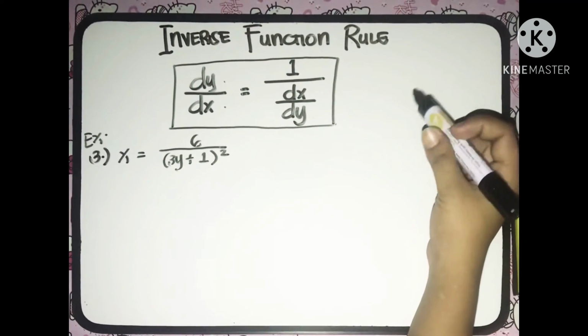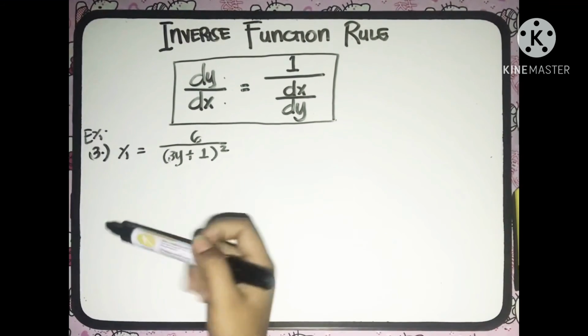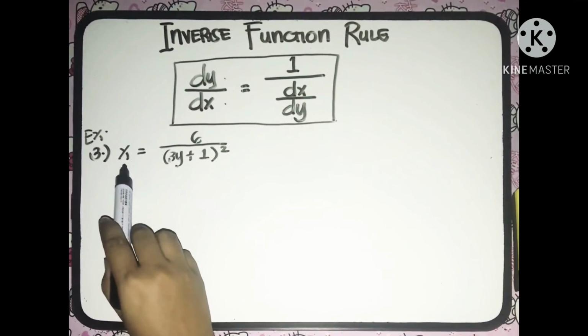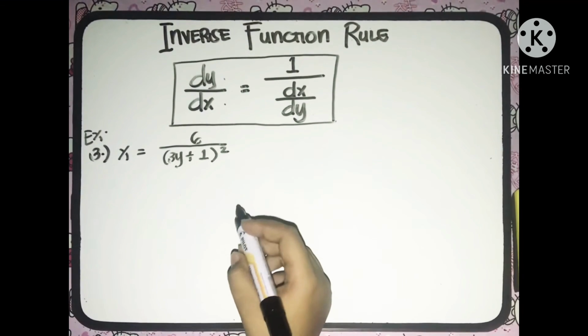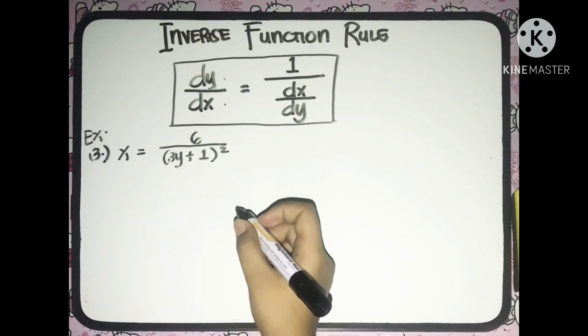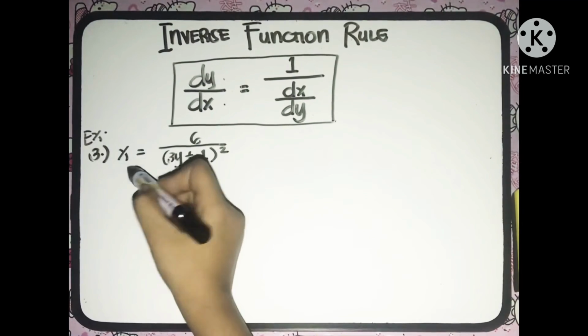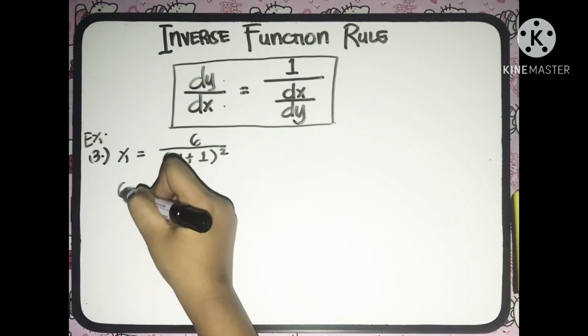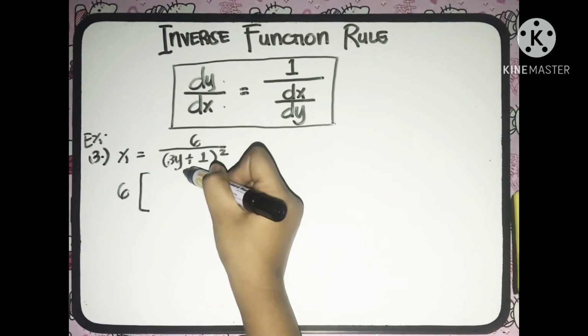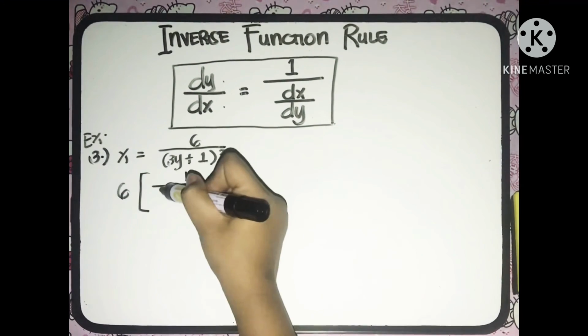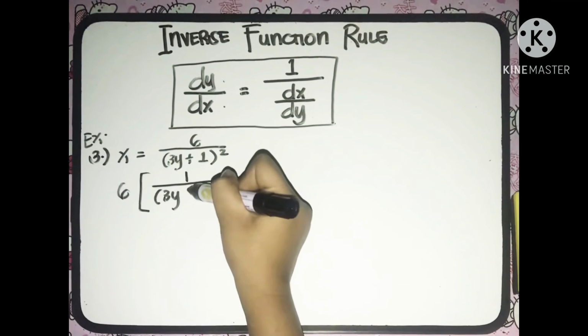Okay, last example for the inverse function rule. So, we have the given x is equal to 6 over 3y plus 1 squared. So, the first thing that we're going to do, we can separate the constant 6. So, we'll have here 6 multiplied to 1 over 3y plus 1 squared.